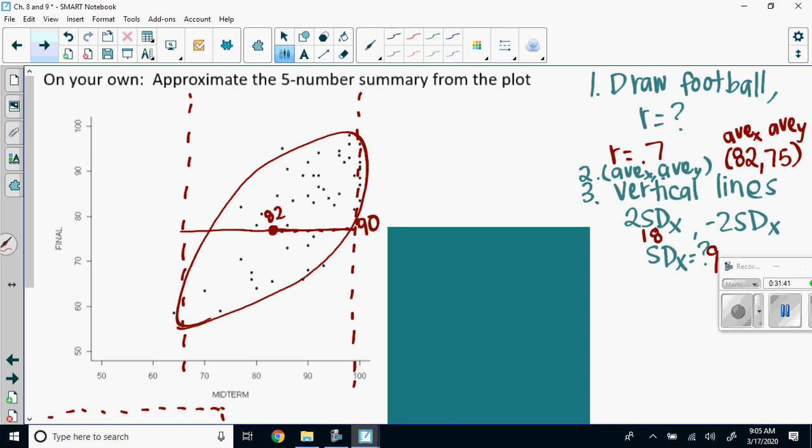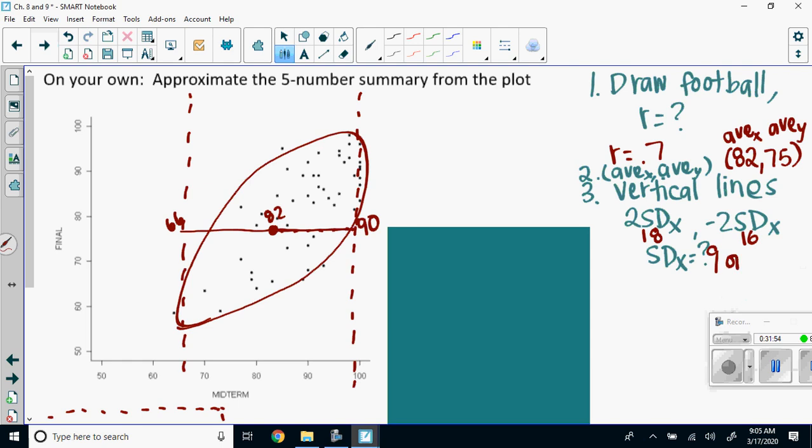This is approximately 66. So that distance is like 16. So it's going to be 9 or 8. Just somewhere around there. It doesn't really matter which one you use. The fact that I'm getting 2 different numbers there tells me I'm doing an approximation. It's not exact. So I'm just going to pick one of those. I'm going to stick with 9.